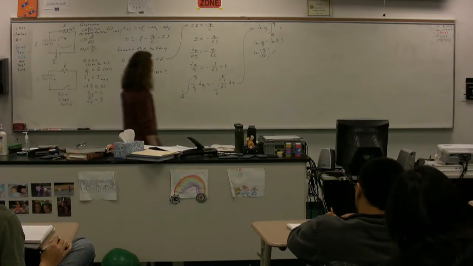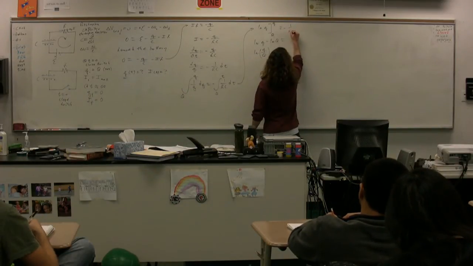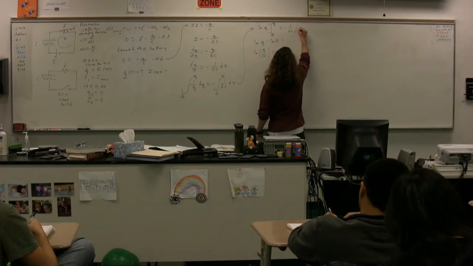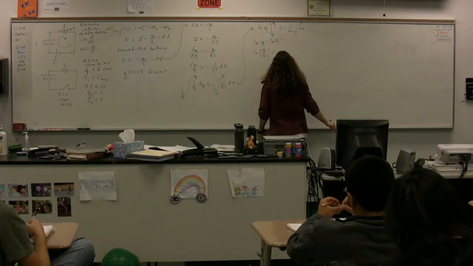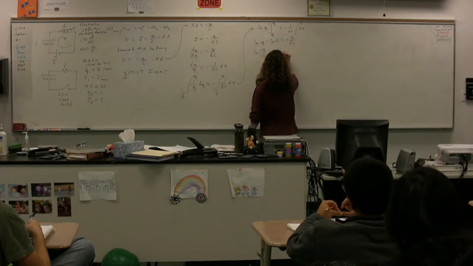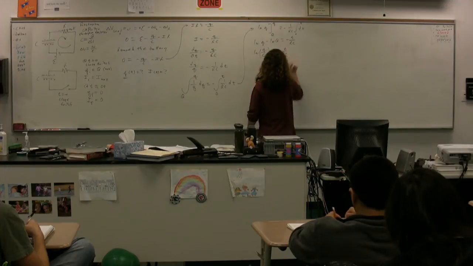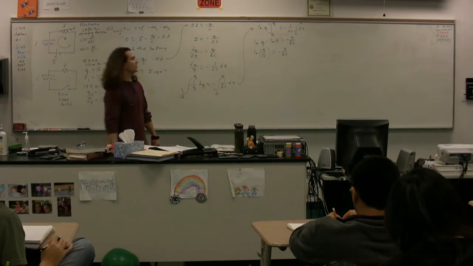You can take out R and C. Negative 1 over RC times the integral of dt from 0 to t. So the integral is just t. So we have negative t over RC.